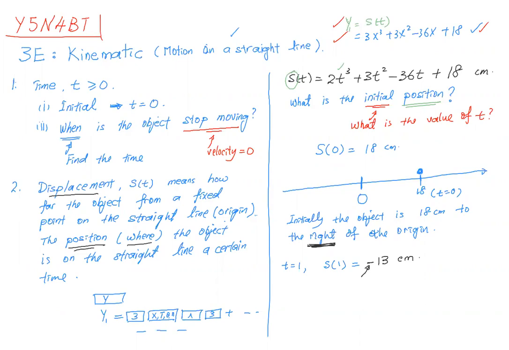So after 1 second, the object is 13 cm to the left of the origin. I don't know how the object travels, but I know that after 1 second, the object is here.